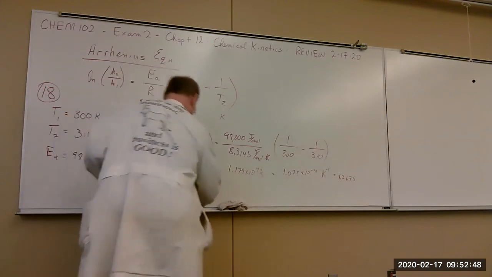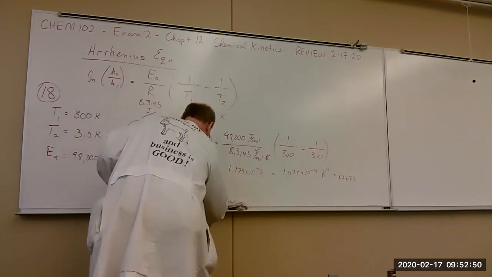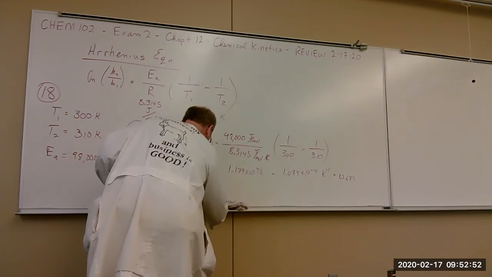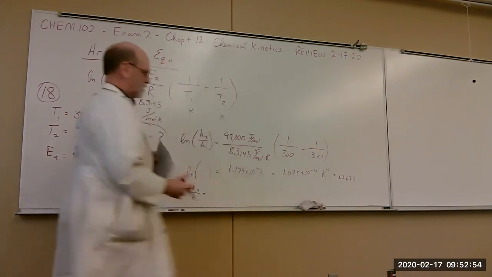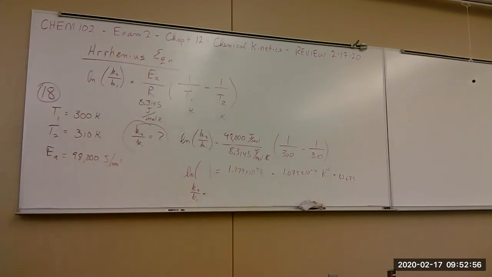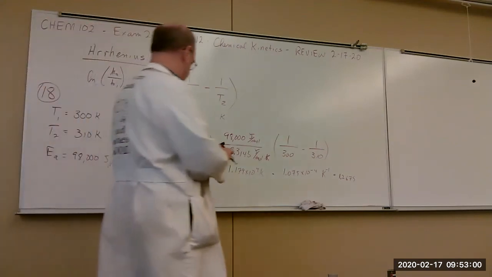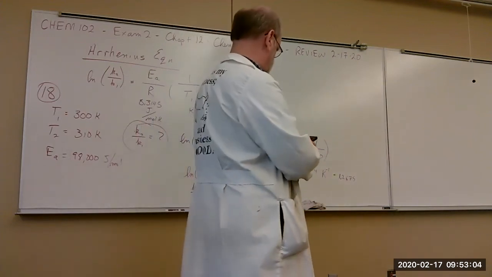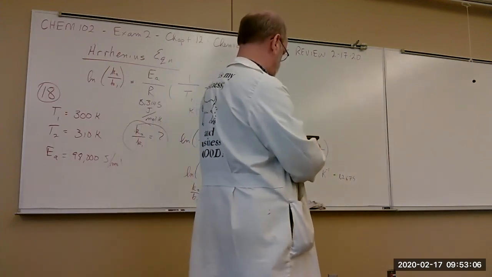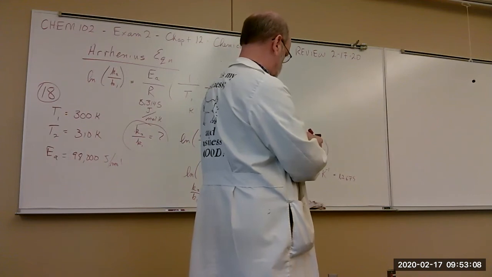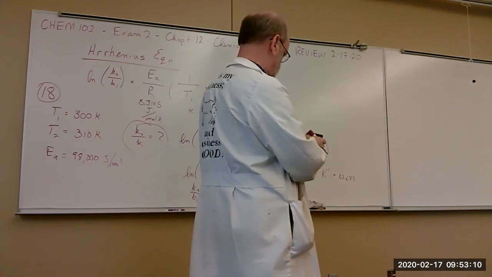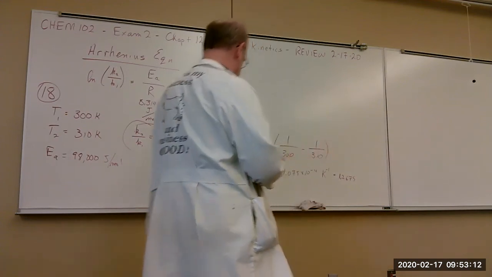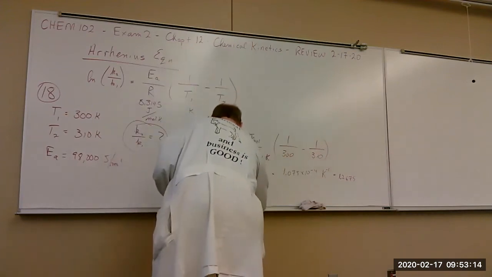So K2 over K1 equals e to the... Let me see. I think I did it right. It gave me 3.55.